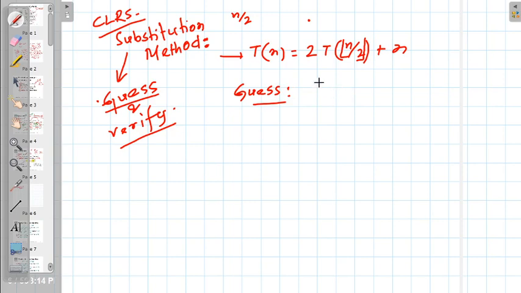How to guess a solution needs some kind of expertise. As I have a little bit of expertise, you can trust me right now. But after one class, I'll show you how to properly guess a solution in a systematic manner.